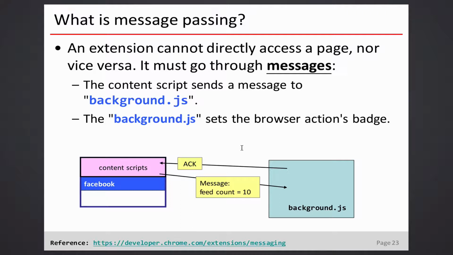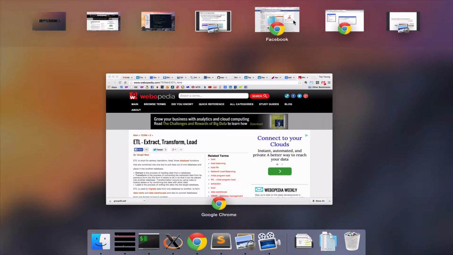The message is called, let's say, the feed count. How many feeds containing chain? I find that it's 10, then I send a message to the background.js. And the background.js will listen to the event. Let's say there's any message coming. If the event gets triggered, I will process the function to update the browser action icon. Okay? So let's see what will happen.